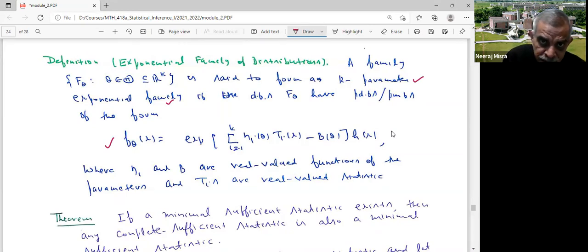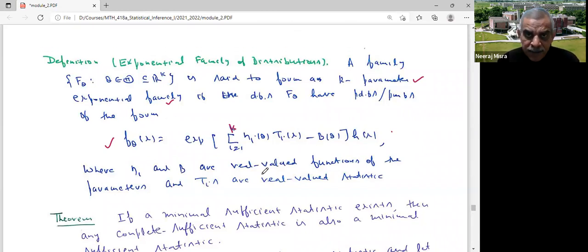Note that this k is important. Eta i theta T_i x minus b theta, times h x, where eta i and b are real valued functions of the parameters and T_i's are real valued statistics. So any PDF or PMF of this type would be called an exponential family.